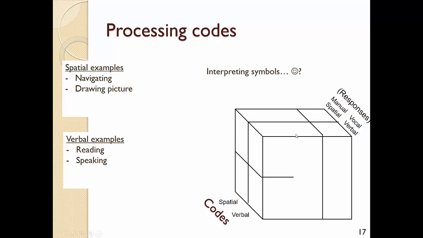But maybe what I am drawing has symbolic content to it, so I think about the meaning of this thing I'm drawing, that symbol there. And so that's verbal. So I don't want you to get mixed up and think verbal is only written language. This is anything that's symbolic, that has some meaning that we've had to learn at some point, that we've had to associate with a code. So interpreting that symbol is verbal as well.